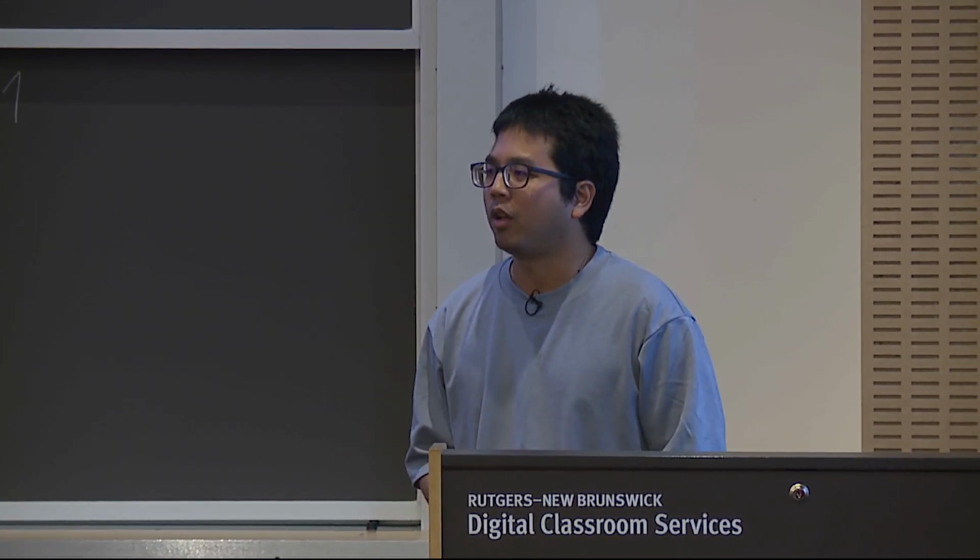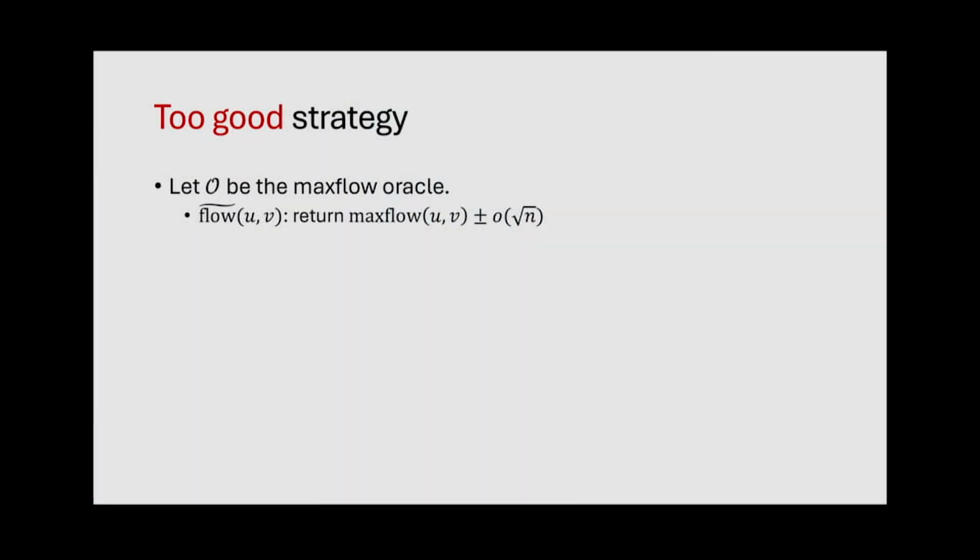Okay, so the strategy that we want to use is this. When we try to prove a space lower bound, we use some information theoretic technique, right? And the strategy that is too good is something like this, where you have an oracle. Suppose that this oracle can approximate the max flow value up to root n additive approximation. Let's say I fix some target matrix T of size n by n.